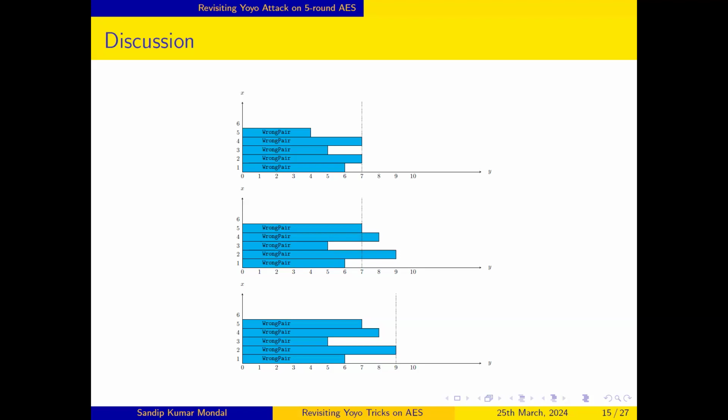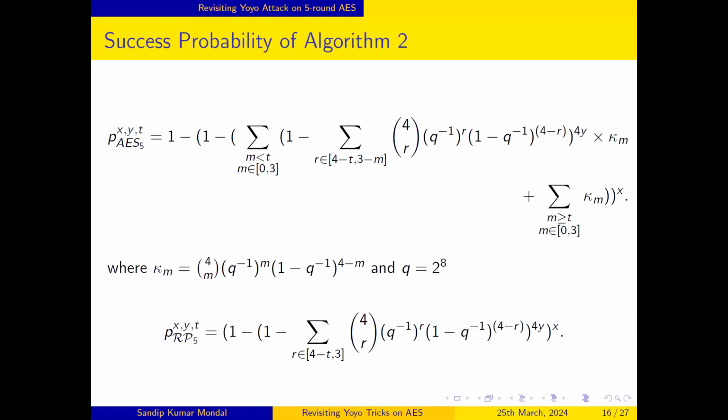So actually we change the Y value from 7 to 9, and this is the example. With 7 to 9, all the wrong pairs are eliminated, and then the algorithm returns random permutation. So we find the success probability of the algorithm in the two cases. First, when the black box primitive is AES, the success probability is this.